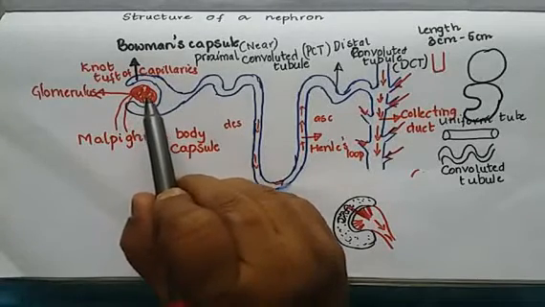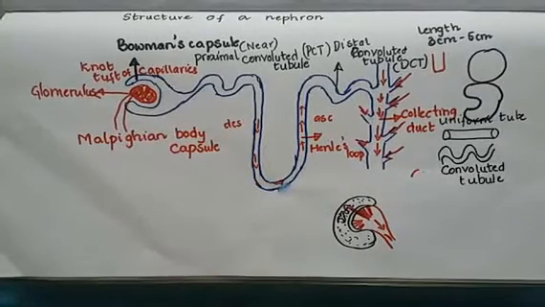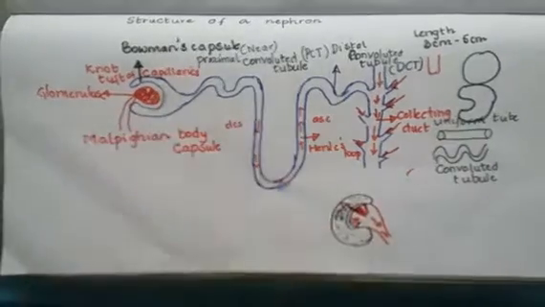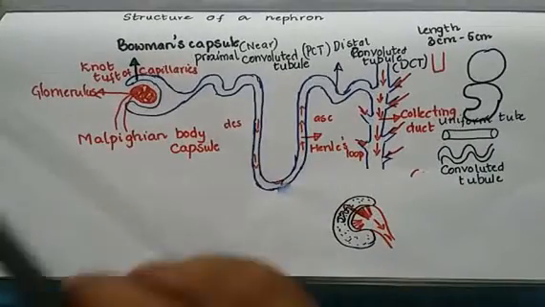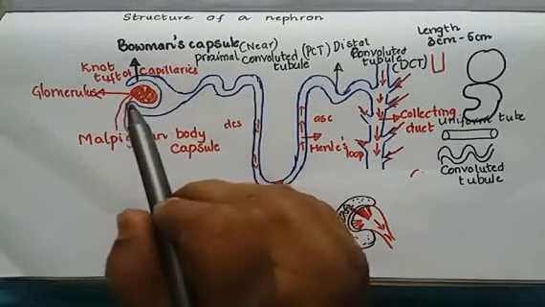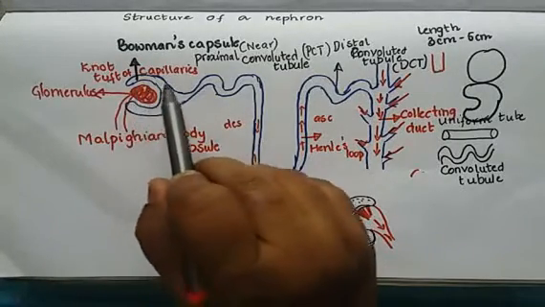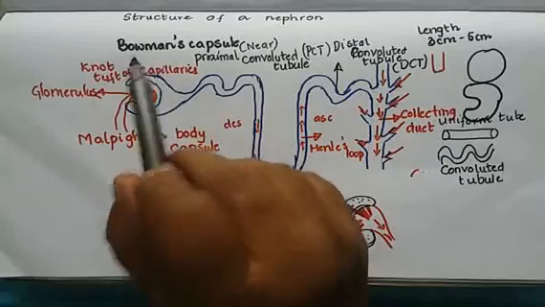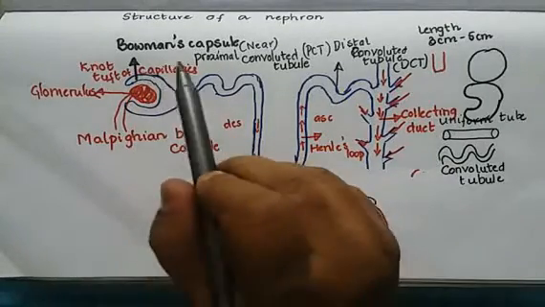So Bowman's capsule lies in the cortex of the kidney. If they ask you about the location of a Bowman's capsule, it lies in the cortex of the kidney. The glomerulus is lodged in the cup-shaped cavity of the Bowman's capsule.